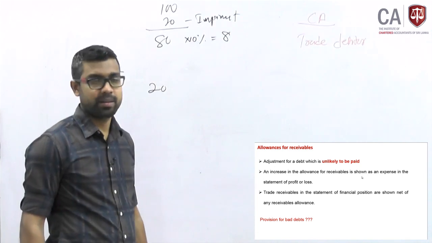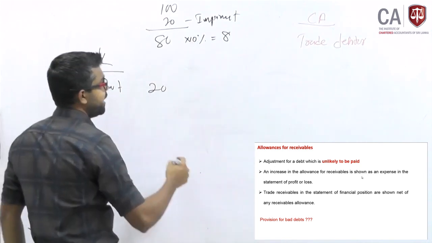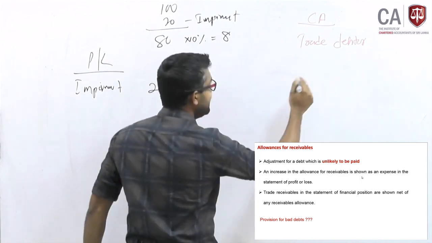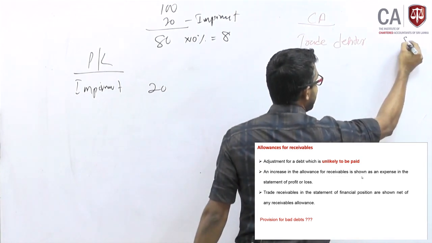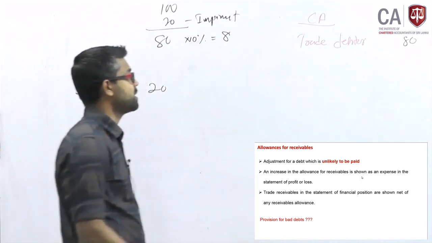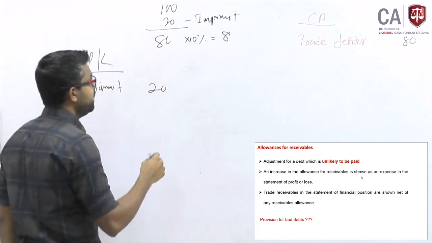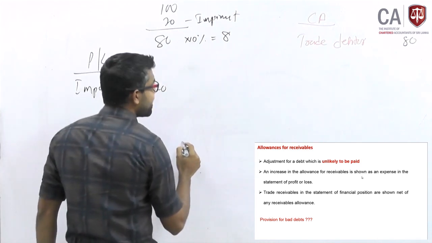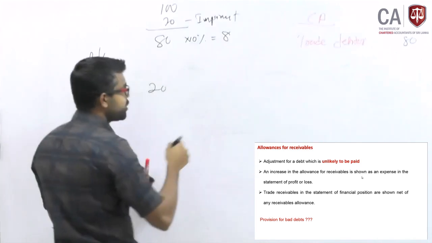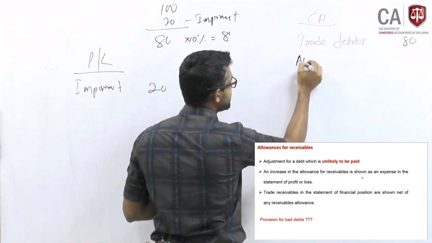Now in the balance sheet, debtors balance of 80 is there once you charge it to P&L, and this 8 rupees we will show as allowance for receivable.